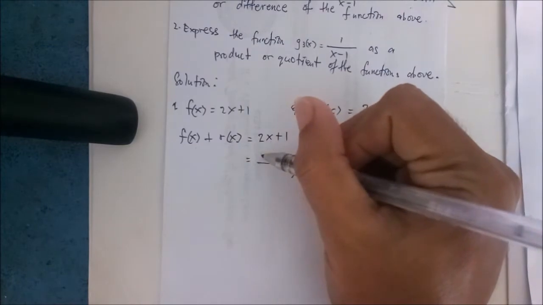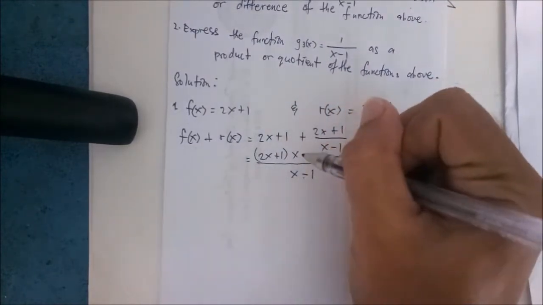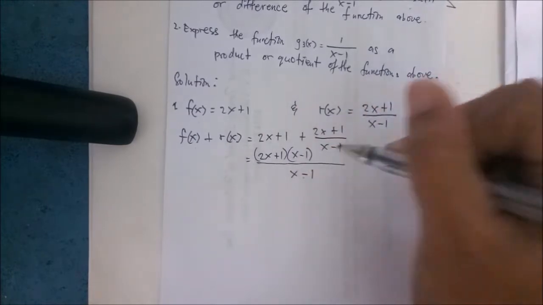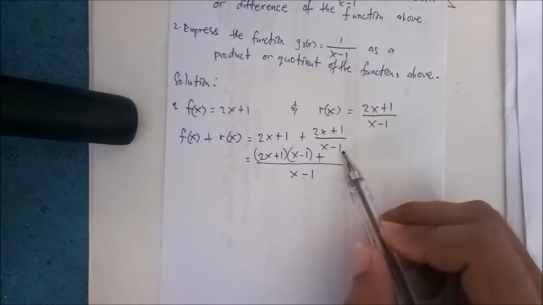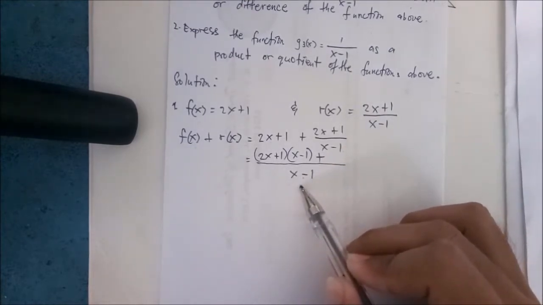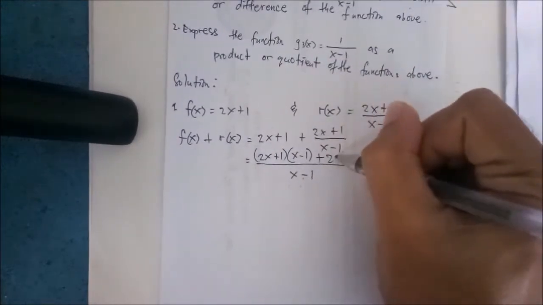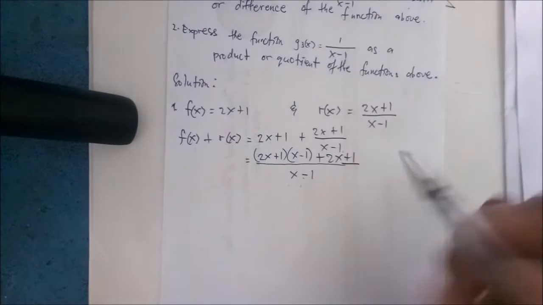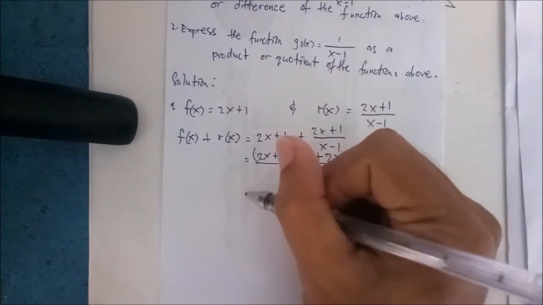So 2x plus 1 times x minus 1, plus, then x minus 1 divided by x minus 1 is 1. So 1 times the numerator 2x plus 1. So we have the same denominator, which is x minus 1.